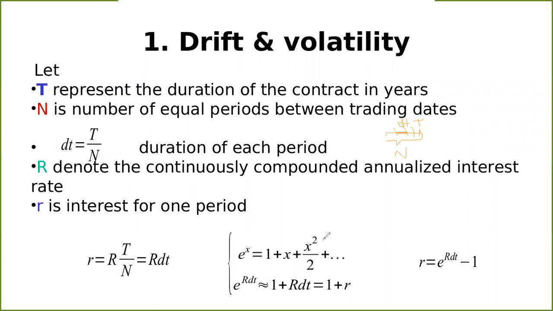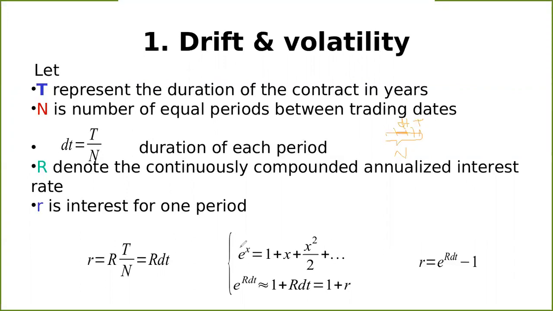And you remember how we can expand the exponential into a series: 1 plus x plus x squared divided by 2 plus x cubed divided by 3 factorial, and so on.